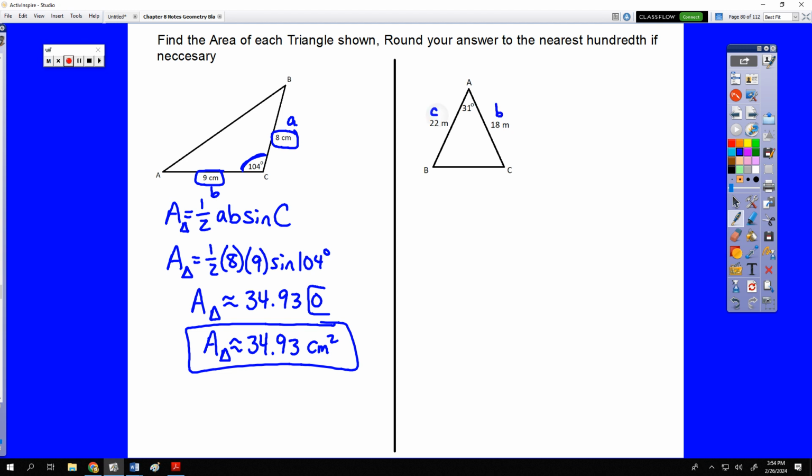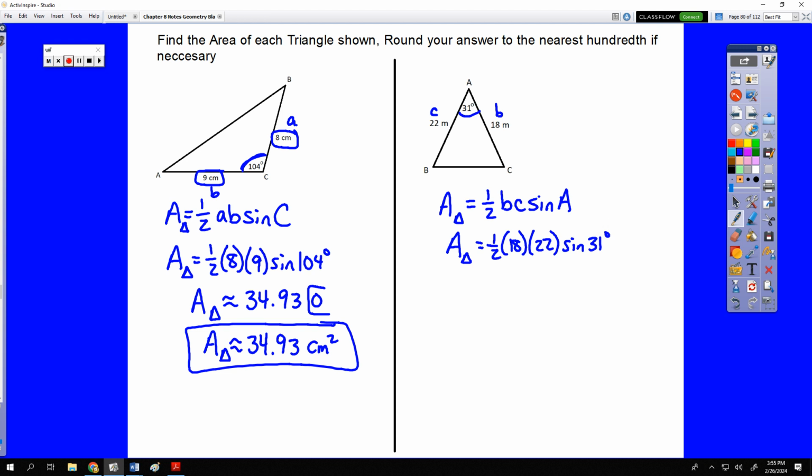Okay, next problem. Again, we are given two side lengths and the included angle. So the area of any triangle is equal to 1/2 the product of the two side lengths, B and C, and the sine of the angle in between them, which in this case is angle A. So the area of this triangle is 1/2 times 18 times 22 times the sine of 31 degrees.